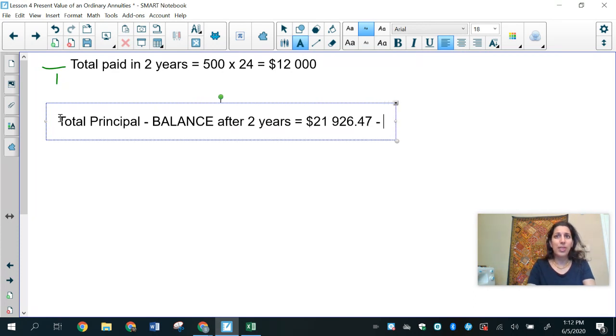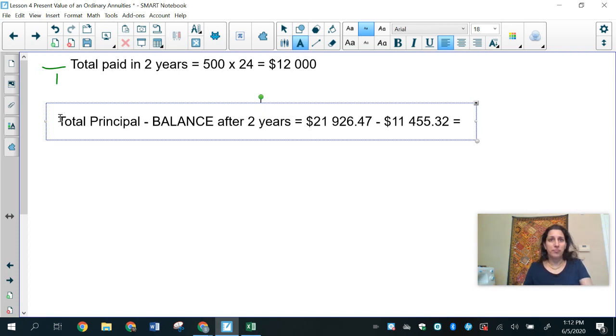And if we take away that balance, the balance we got was $11,455, right? That's the remaining principal. That ends up being $10,471.15. Your total principal minus the balance that you just figured out in the previous question is $10,471.